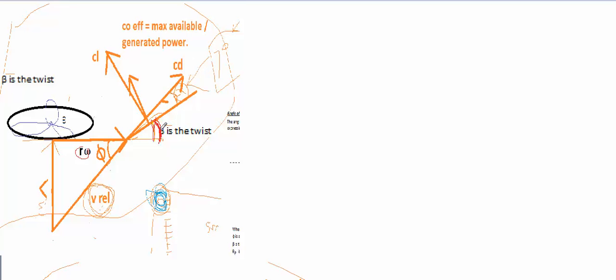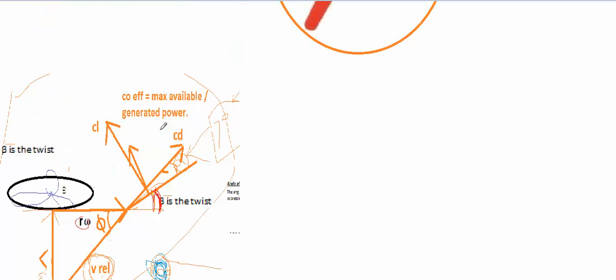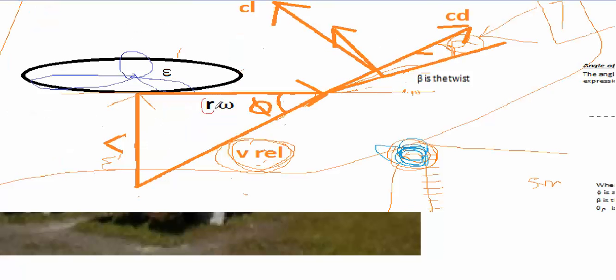Now let's go to the middle element, this element right over here, and let's observe the amount of twist that we need to give. Just observe carefully as the radius increases.